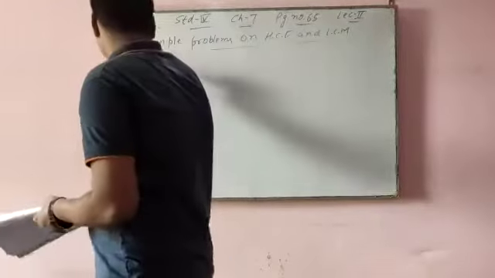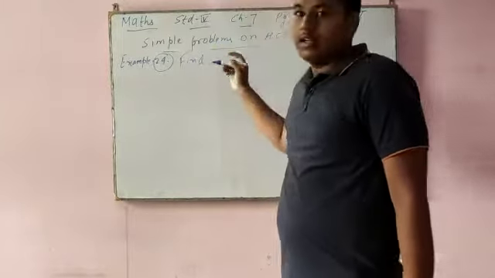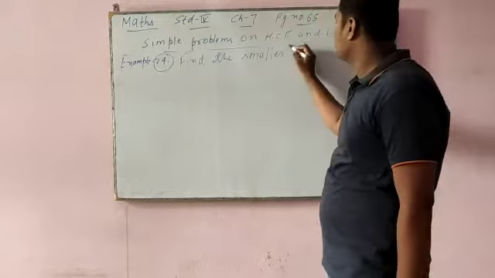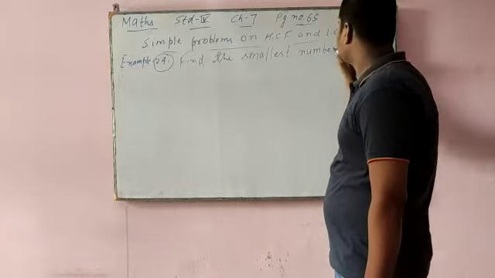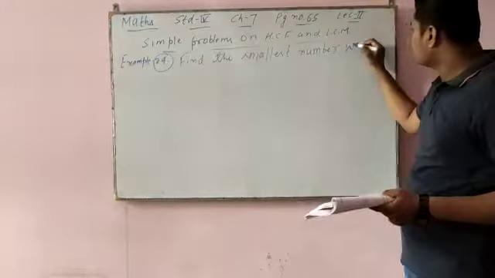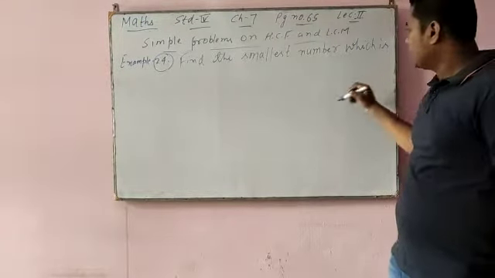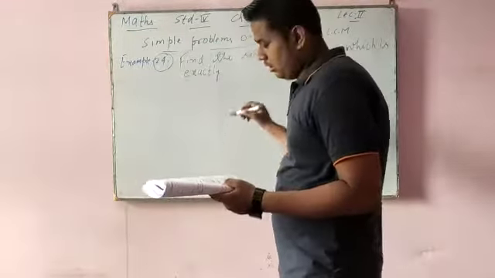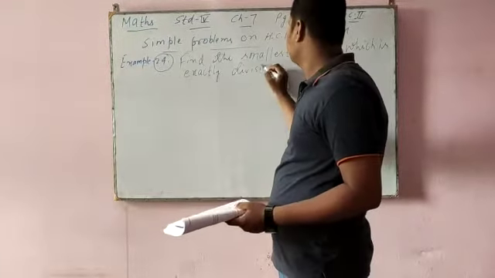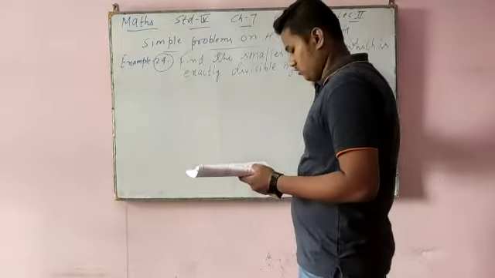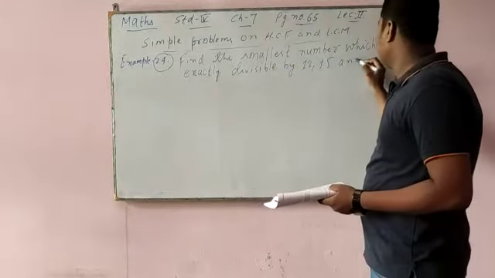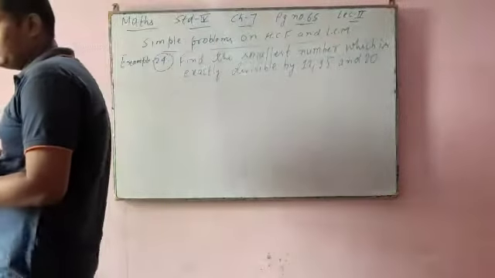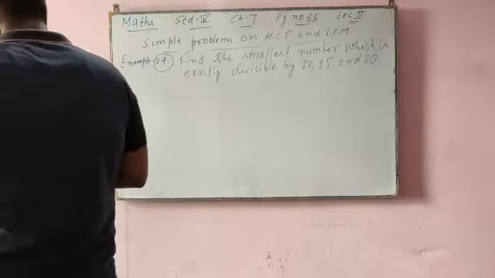Question is: find the smallest number which is exactly divisible by 12, 15 and 20. Now, smallest number means LCM. Okay, 12, 15 and 20, we will find now.